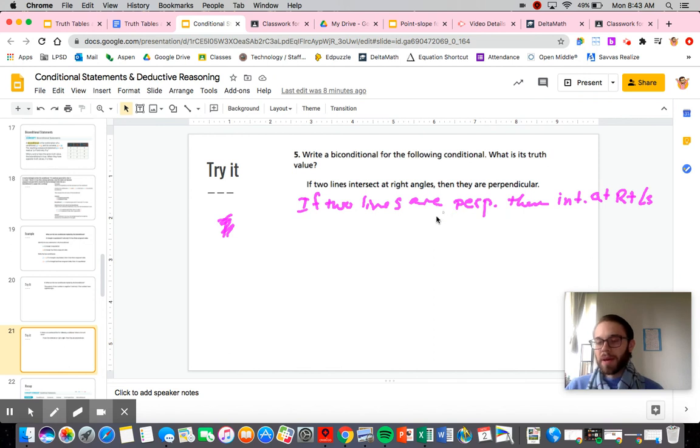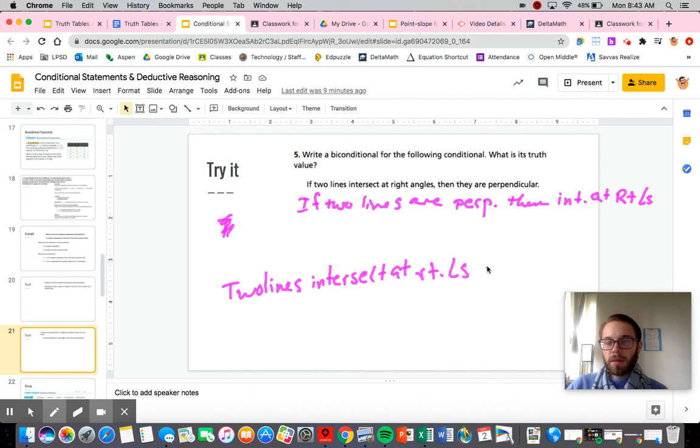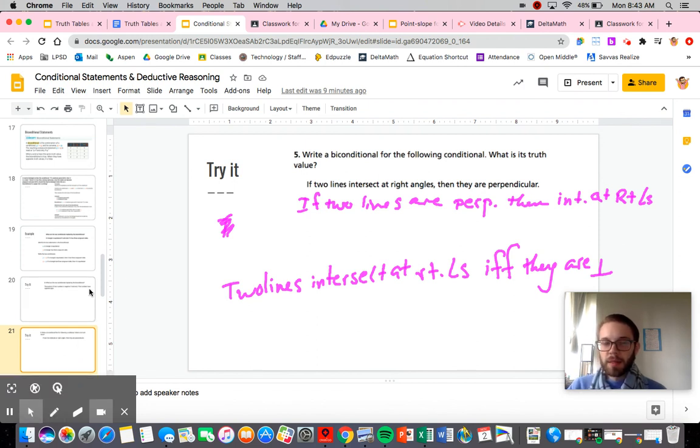I'll leave you to think about whether those are both true, both false, or one and one. But if we were to combine them together, we would get the statement: two lines intersect at right angles if and only if they are perpendicular. That is how you write that as a biconditional.